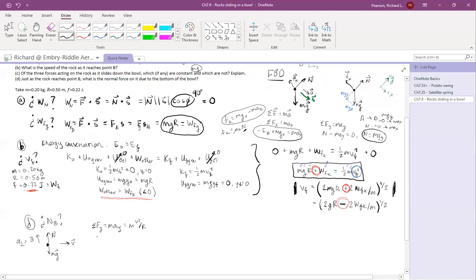And the sum of those forces is N minus mg is equal to mv squared over r, which means that the normal force at point B is equal to m times the quantity v squared over r plus g. And we use the velocity that we got from our previous point down here in order to calculate that normal force.